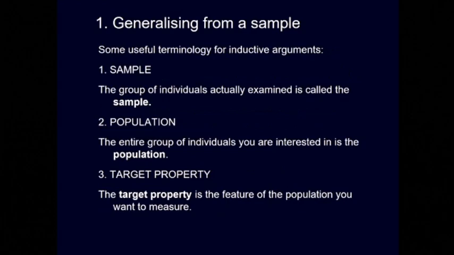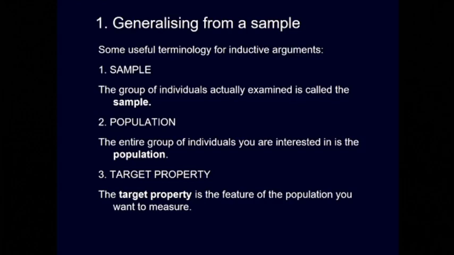Some useful terminology for discussing them is this: sample, population and target property. The sample are the cases you actually looked at. The population is the group you want to generalise to. So you don't want to just say what's true about the sample.